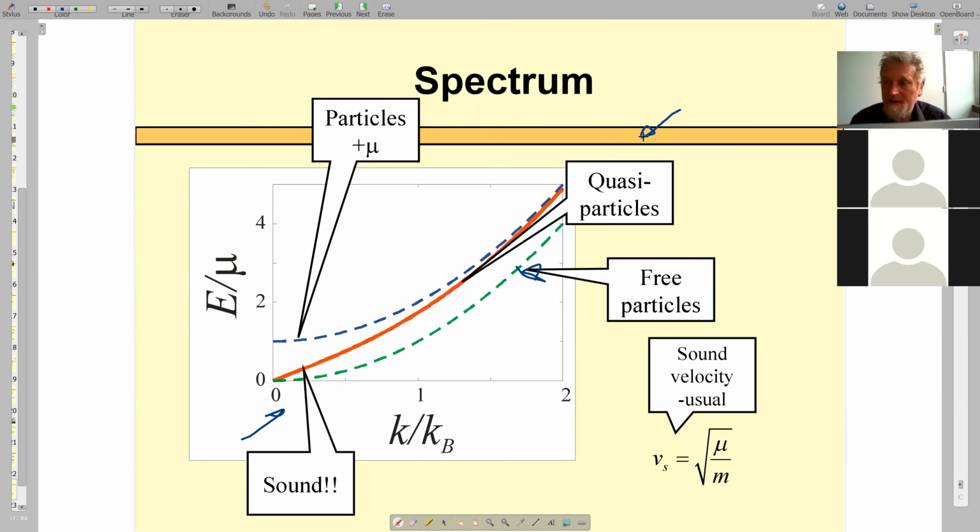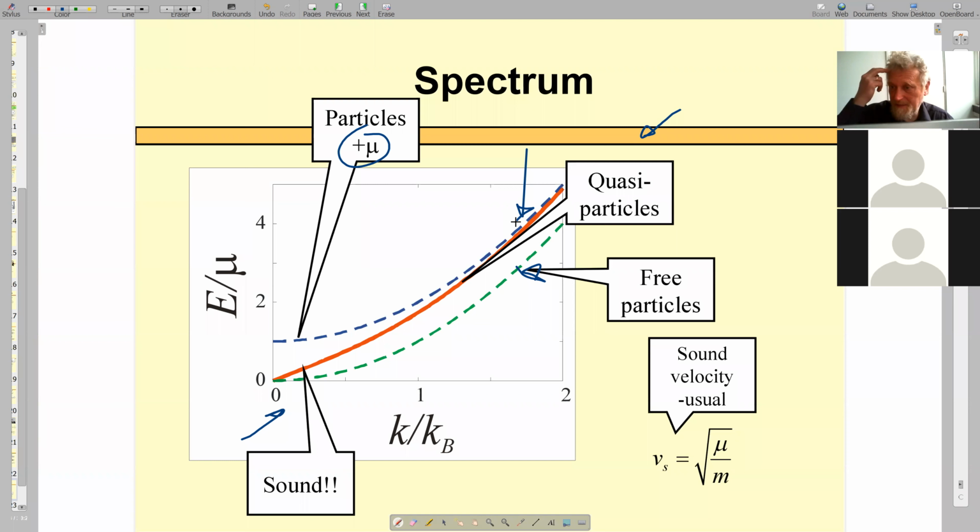I could make this correspondence, this agreement even better if I add a chemical potential to the particle. So there's some kinetic, some interaction energy to the particle. Good. With this, it becomes almost indistinguishable at large k.